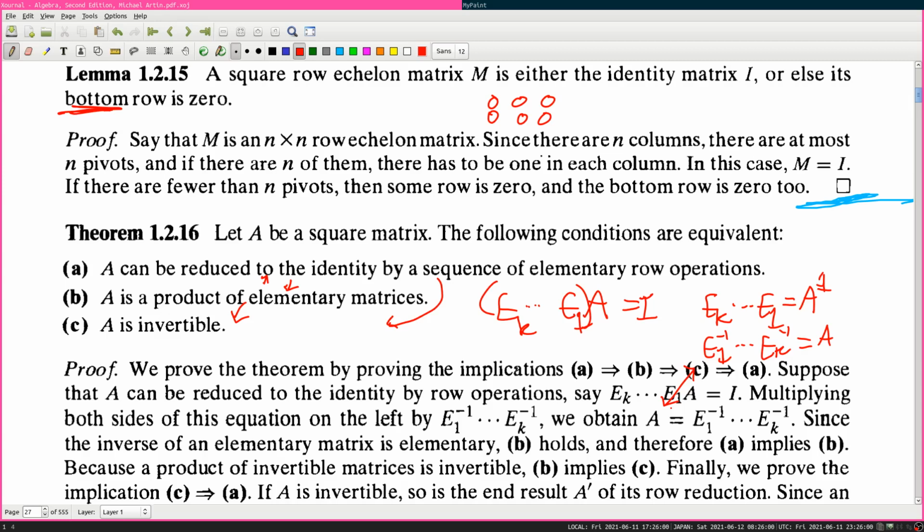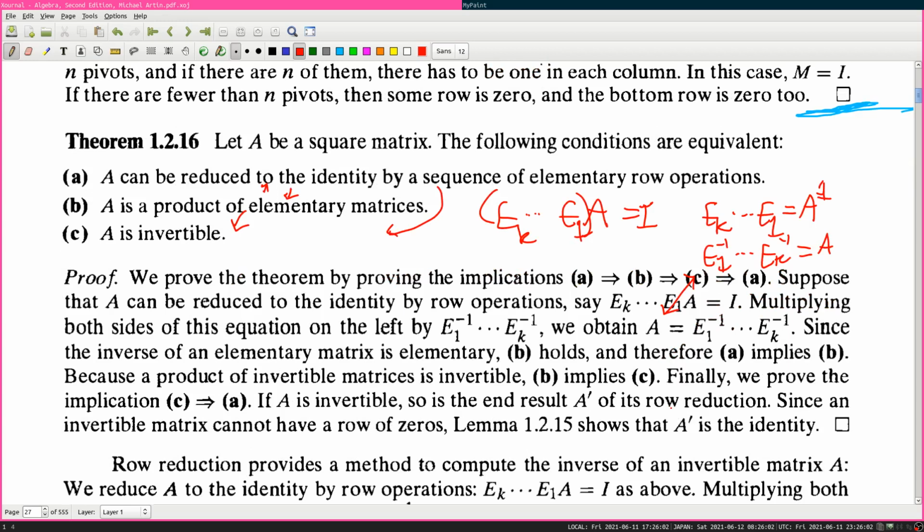Finally, we prove the implication C implies A. If A is invertible, so is the end result of its row reduction. Since an invertible matrix cannot have a row of zeros, right, if you have a row of zeros, then that row will always go to 0.